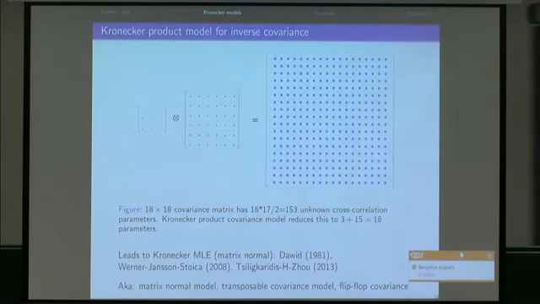But this is just sort of a notional example. If you have the Kronecker product of a 3 by 3 times a 6 by 6 covariance matrix or inverse covariance matrix, the case may be, since we know we have this inverse relation, then we have an 18 by 18 covariance matrix, right, 3 times 6, which has 153 unknown cross correlations.